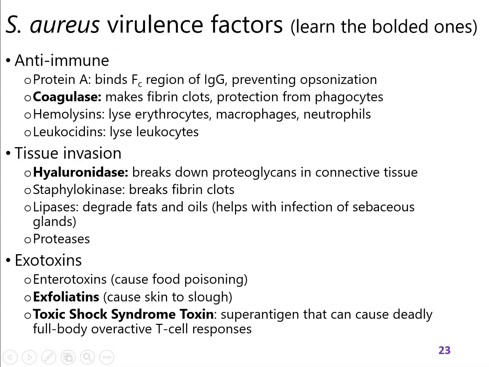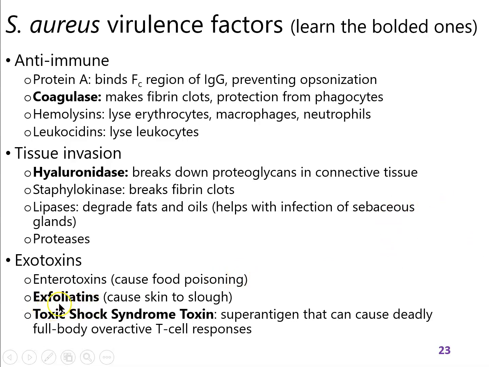A lot of this I've mentioned already. Here are some virulence factors I want you to think about. Coagulase, again, is a big one, and that protects them from macrophages. Hyaluronidase allows them to penetrate connective tissue.